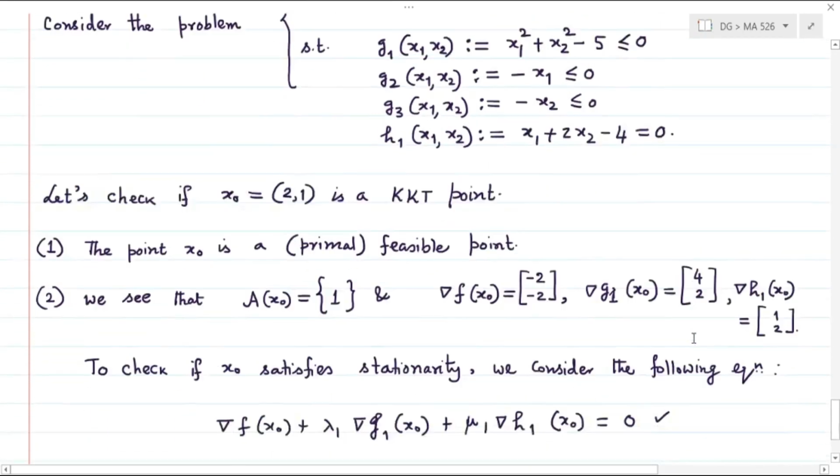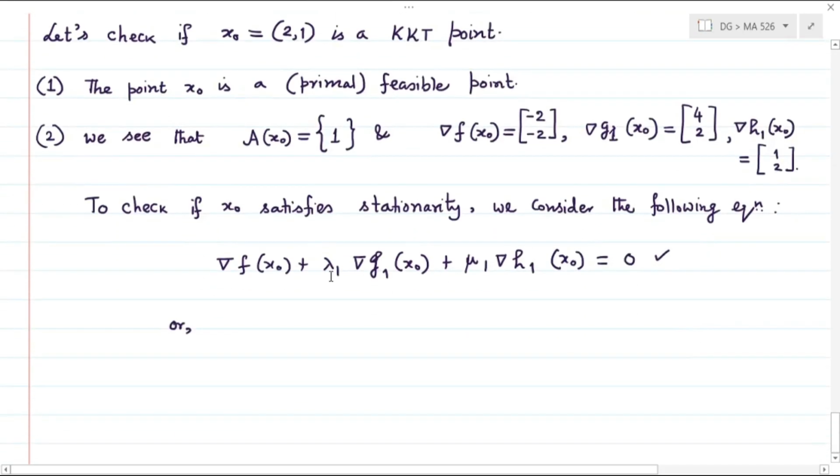So let us search at first for lambda 1 and mu 1 such that this equation is true. Here lambda 1 and mu 1 are the variables. Later we will check whether the lambda i values satisfying this equation also satisfy dual feasibility and complementary slackness.